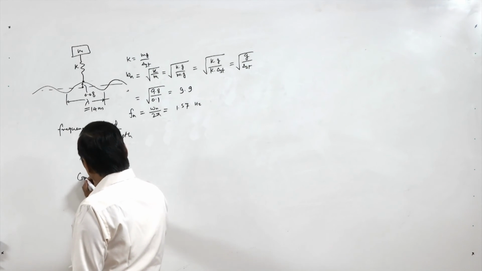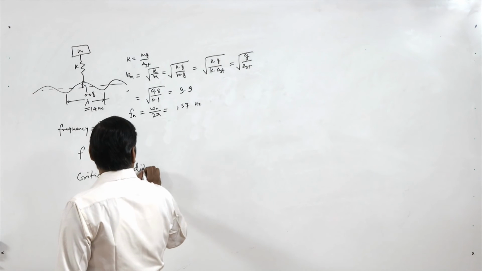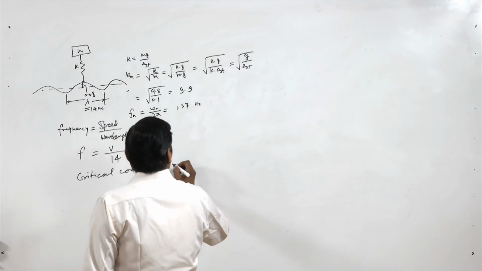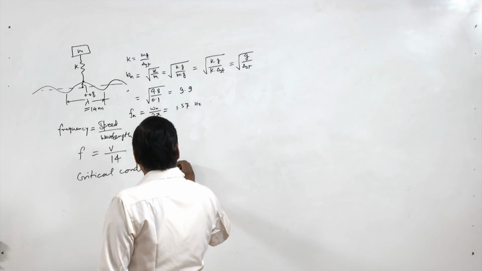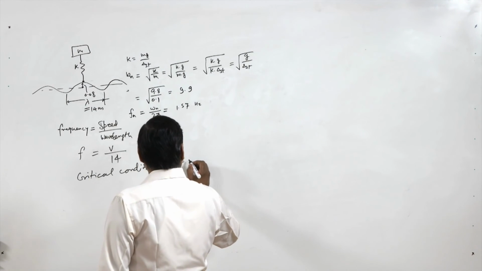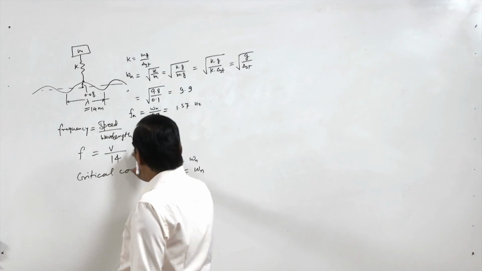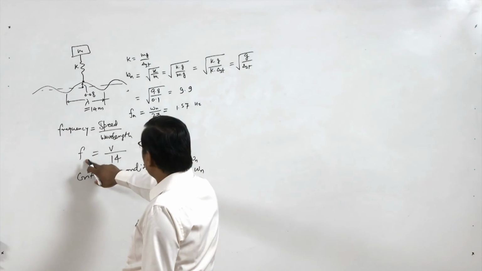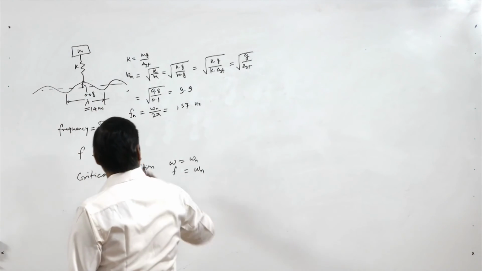Now in the critical condition omega equals omega n or f equals fn. This is your excitation frequency f, and you know the amplitude 0.08.